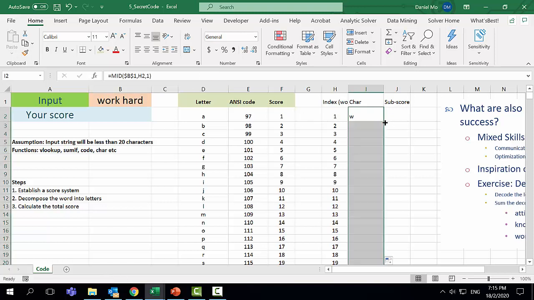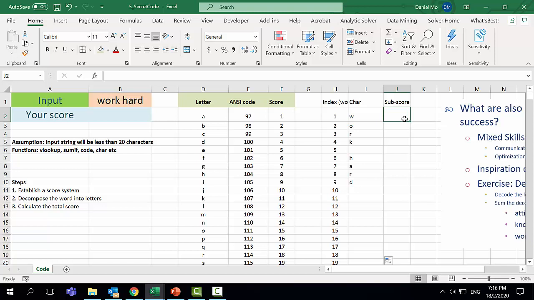By that, we can get all of the characters, W-O-R-K, then space, then H-A-R-D. Then what would be the corresponding subscore? Since we have established the score system here, what we need to do is just match this character with the corresponding score. So what is the corresponding formula? It will be VLOOKUP.